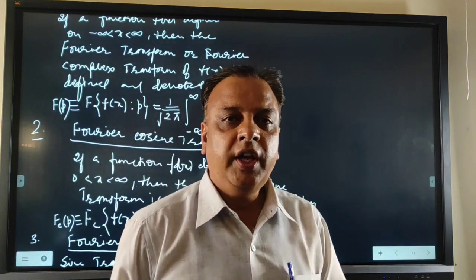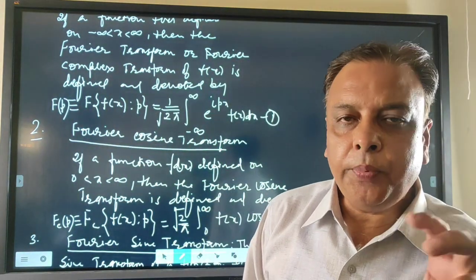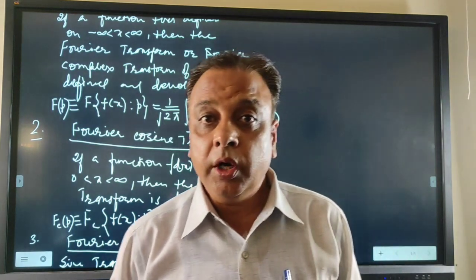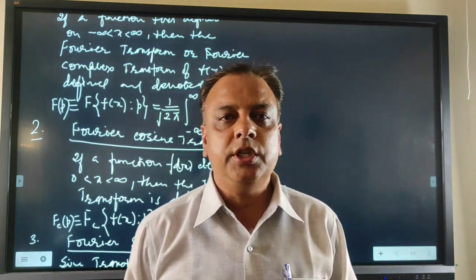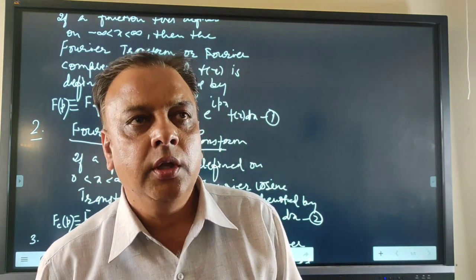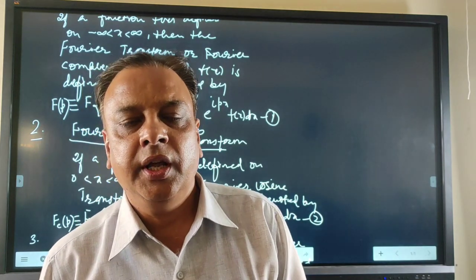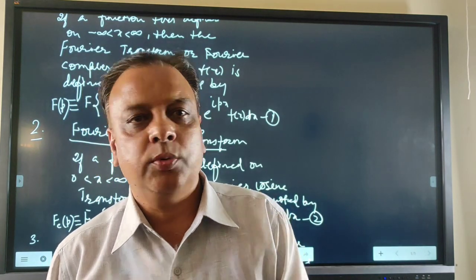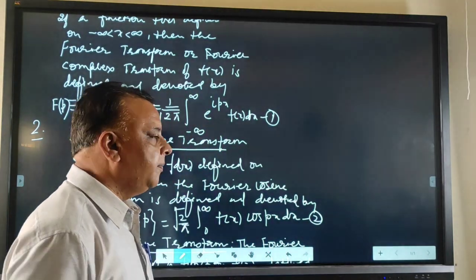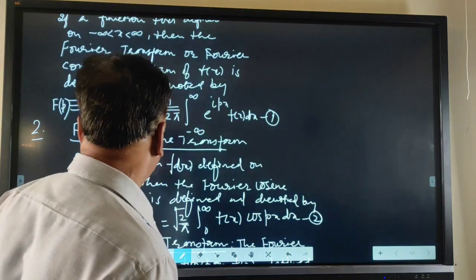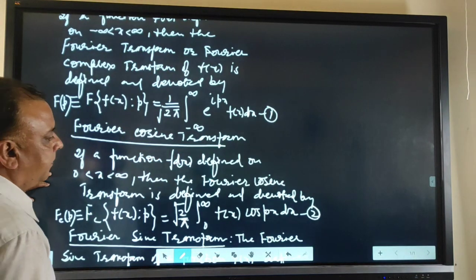So we have defined three important transformations: the Fourier complex transformation, or simply Fourier transformation, the Fourier cosine transformation and the Fourier sine transformation. Similarly, the inverse transformation can also be defined.